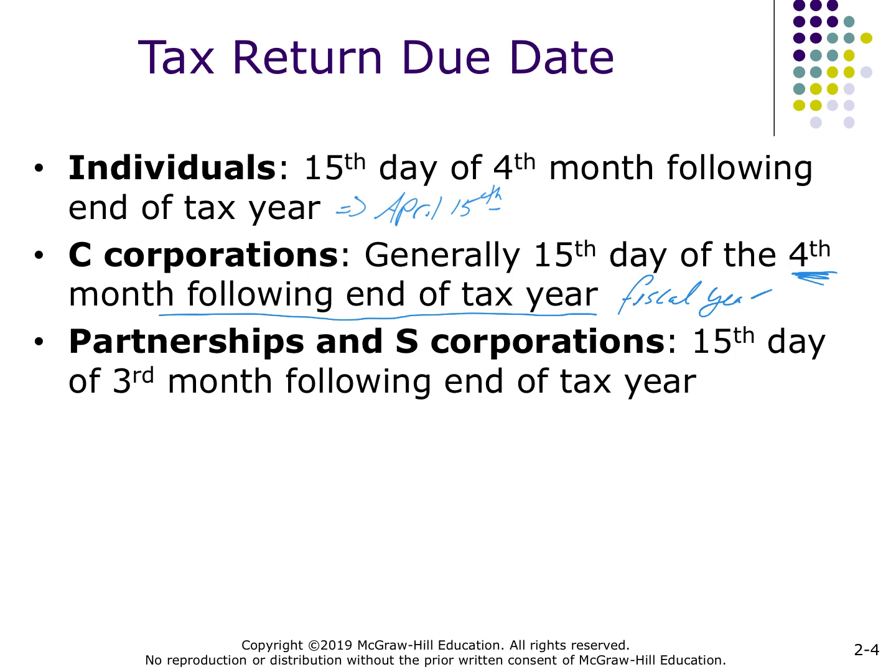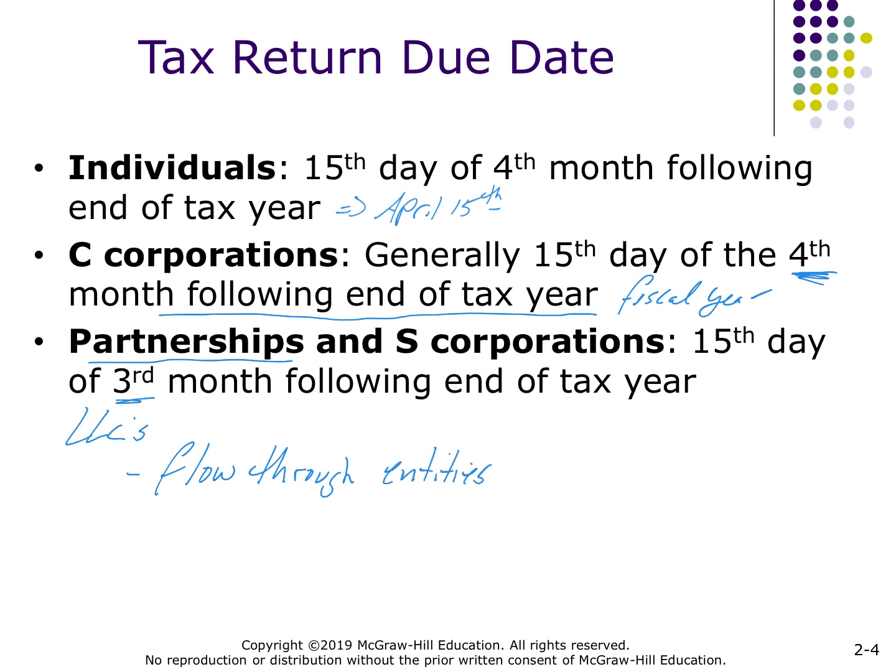And then partnerships and S corporations, or we should say entities that are taxed like partnerships. So this includes LLCs. Their returns are due the 15th day of the third month. And so why is that? Well, these are called flow-through entities.